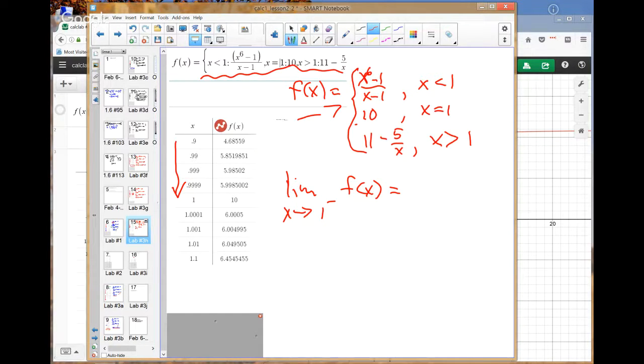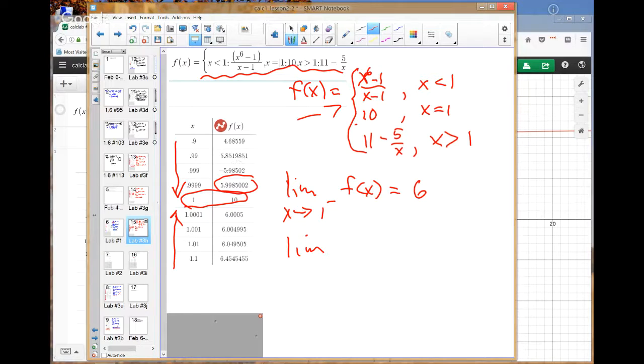As it's approaching 1, it looks like it's approaching 6. Do you see that? And what's the limit? Right there, we're at 5.99, getting real close.